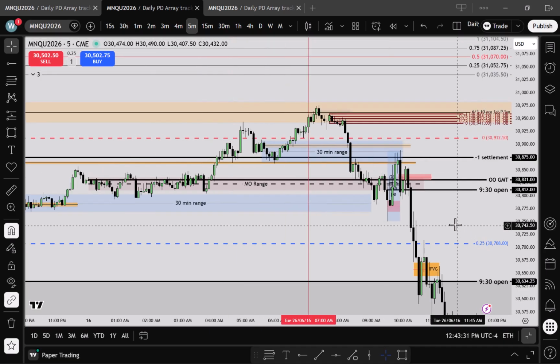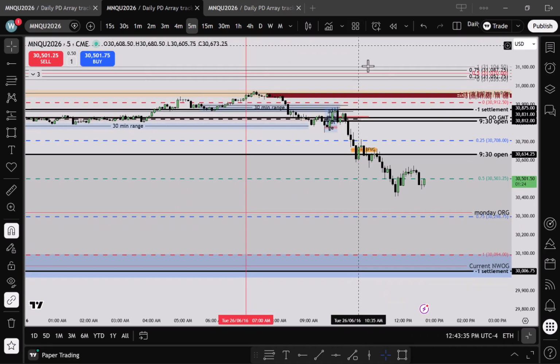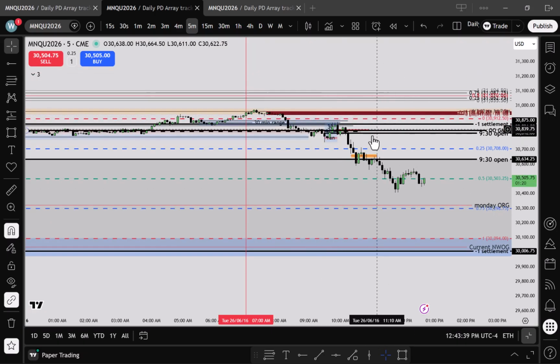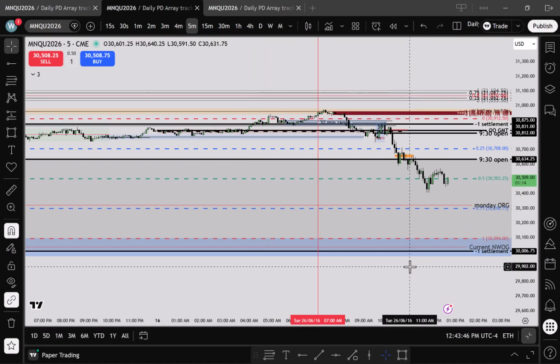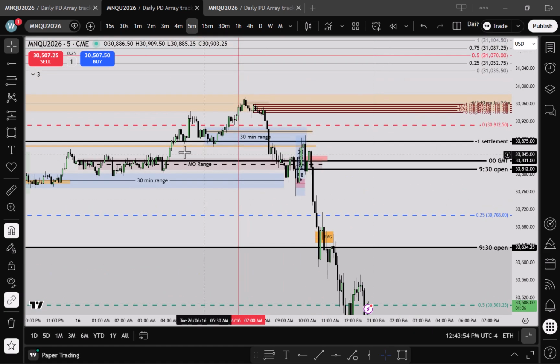Let me stop for a second and give you one more thing. These dotted or dashed quadrants are yesterday's daily candle from 6 p.m. to 6 p.m., not true day. So that's what those are. So we took it out.